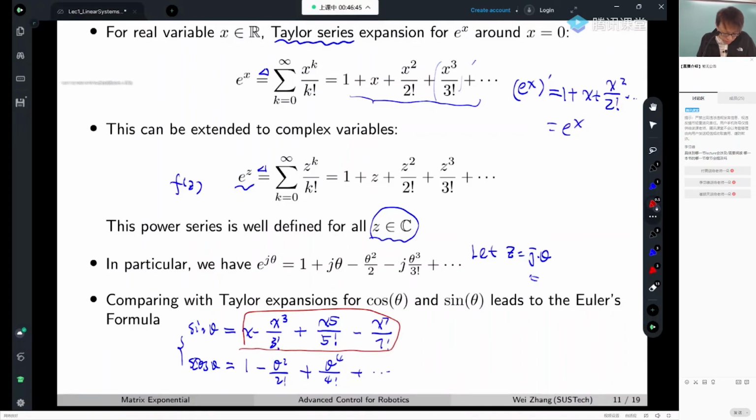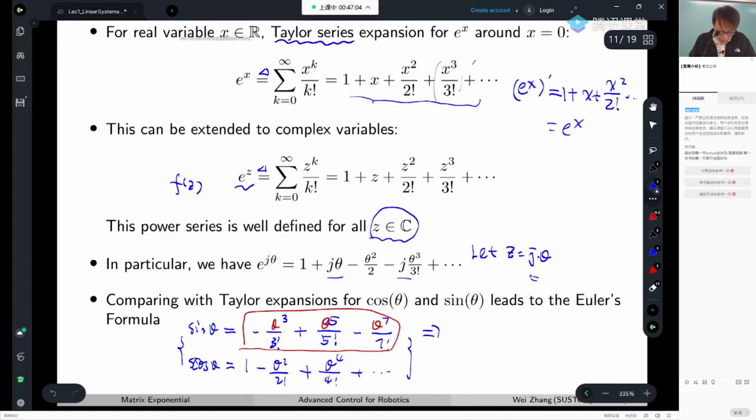If you compare terms, sorry, this is not x, I mixed my notations, this is theta. And this is nothing but the imaginary part of this term.